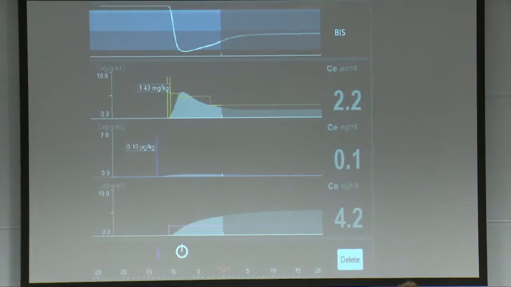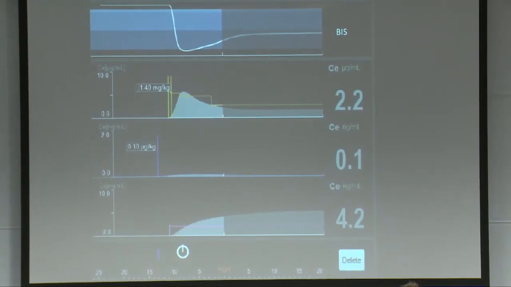And the Smart Pilot also records and displays the BIS on the same timeline, the processed EEG, so that you can begin to compare the physiologic response with the effect site concentrations.